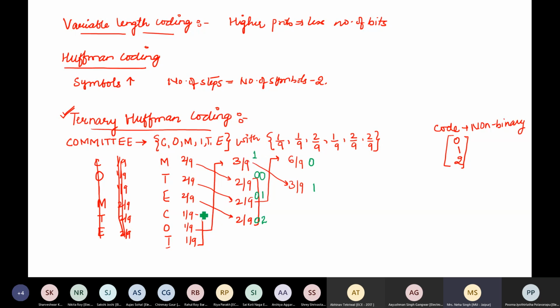This one is further back propagated here, and to differentiate between these three symbols, I put an extra bit and give the values 0, 1 and 2. This 2 by 9 is already given the code 0, 0. This 2 by 9 is given the code 0, 1 and this 2 by 9 is given the code 0, 2. So now I have two bits only used for each symbol.